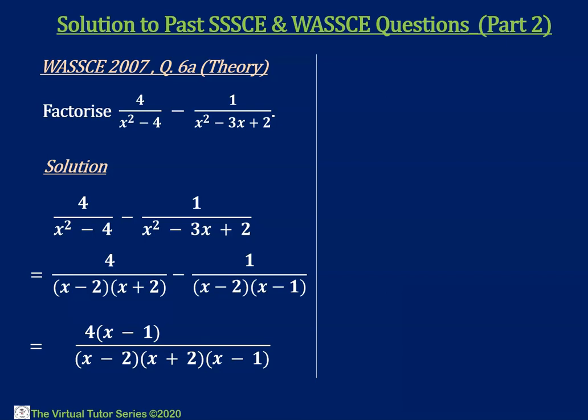Again, into bracket x minus 2 times into bracket x minus 1 into the LCM is x plus 2, giving us minus 1 into bracket x plus 2.